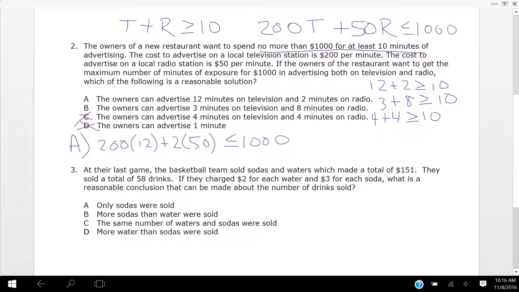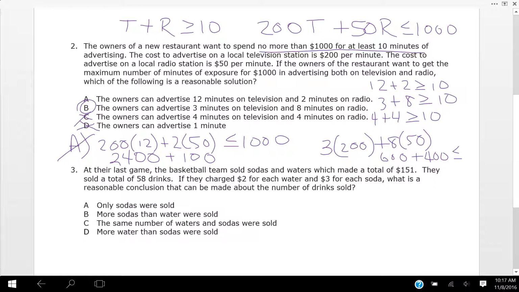Well, 200 times 12 is 2,400 plus 100. So I know that one's not going to be my answer. So my answer has to be B, because 3 times 200 plus 8 times 50 is 600 plus 400, which is exactly equal to 1,000. So B is the correct answer.